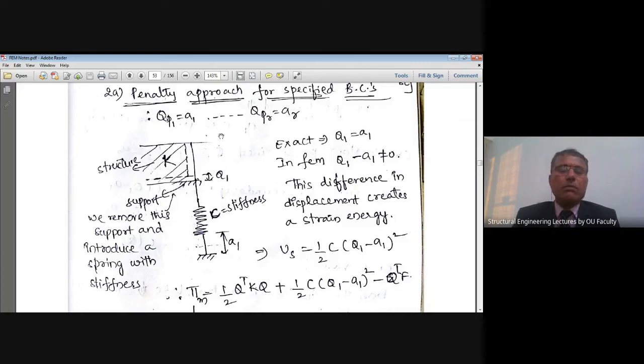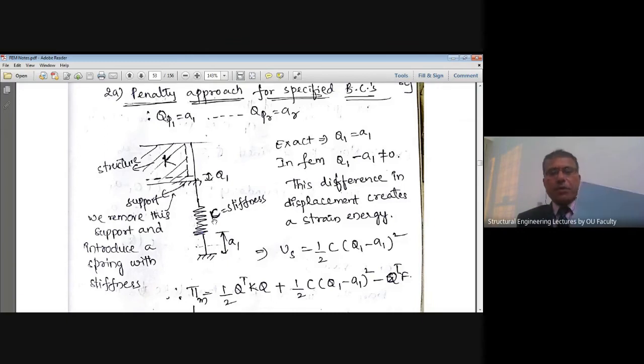Then how will it be done in the penalty approach? Now I'll show, students. Please see that here this structure is resting on the rigid boundary. Let's assume this is a structure resting on a rigid boundary.